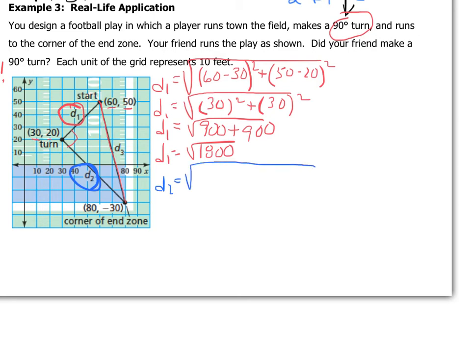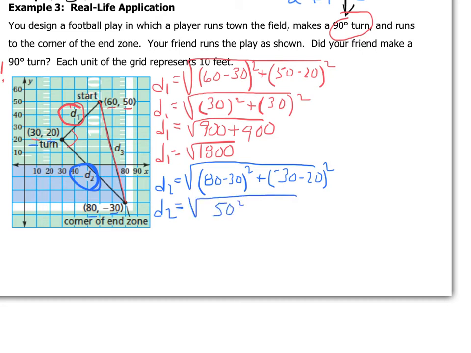My 30 and 20 still are part of the points we're going to use. This time we're going to have the 80 and the negative 30. So this time I'm going to go 80 minus the 30 for my x's, and I'm going to do negative 30 minus 20. So our distance for 2, that's going to hang for a little bit.